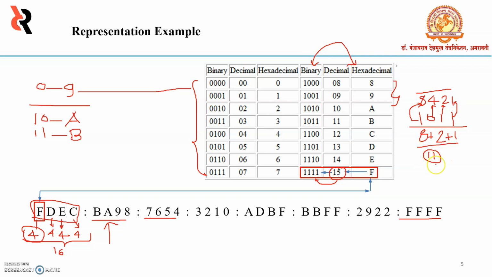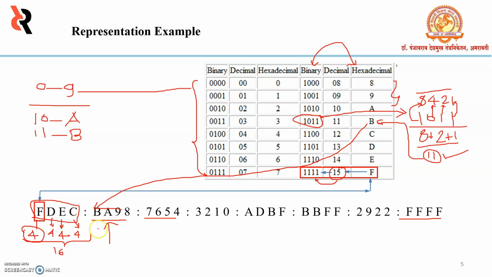And in hexadecimal, what does this 11 represent? B. We have taken this example, 1011. Converted into decimal, binary 1011 is 11, and 11 represents B in hexadecimal. So this one is B.